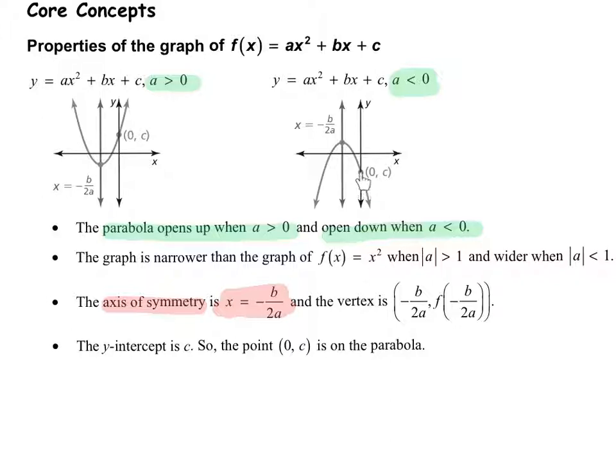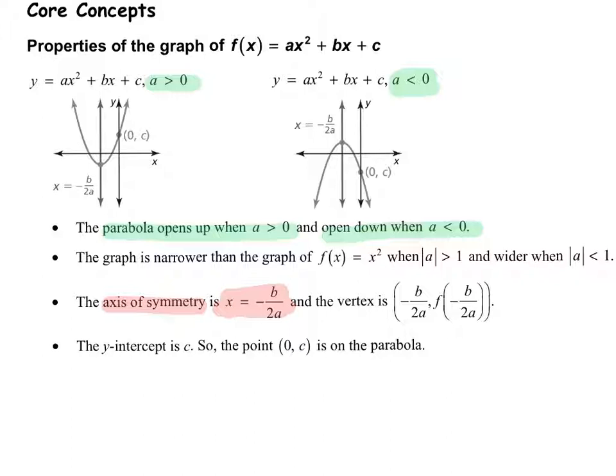And so knowing that, if we go right along c, we have another point over here that's equidistant from the axis of symmetry. It will have the same y value, c, and it will have an x value that's equidistant from the axis of symmetry on the other side.